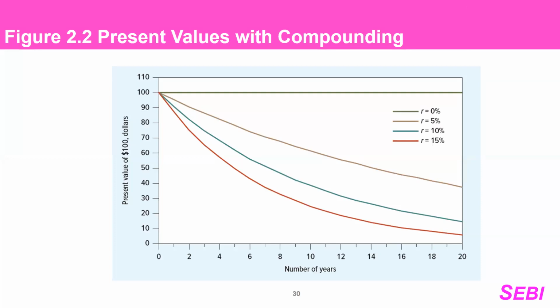Sir, does any of this, like the value, take into account inflation or any other variable? At this point, when we're calculating present values, no, right? The discount factor that we use, well, sorry, that's incorrect.